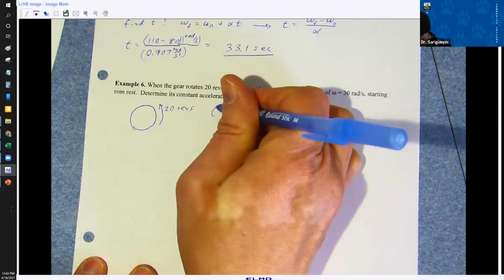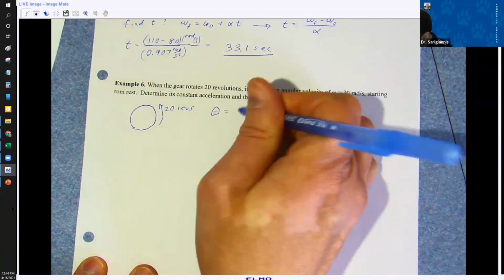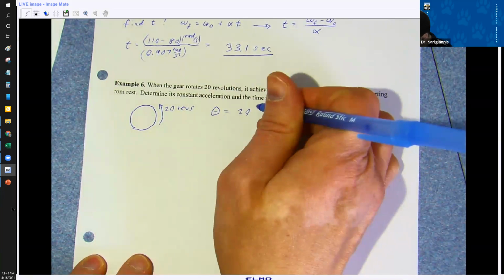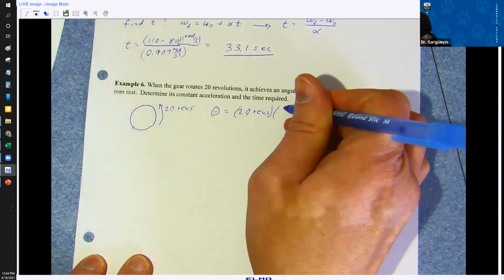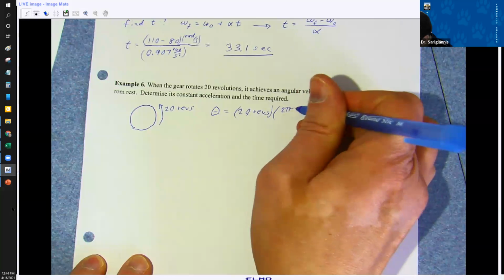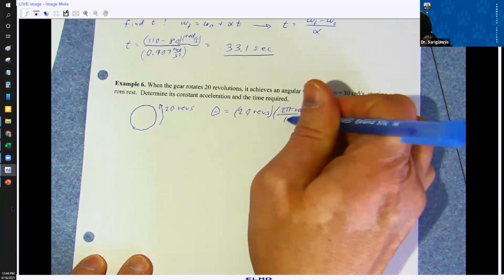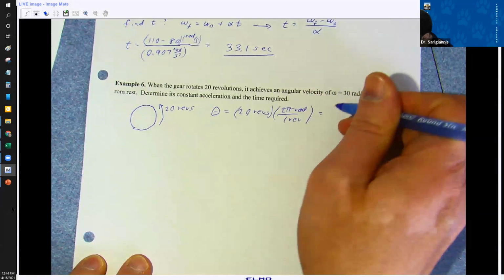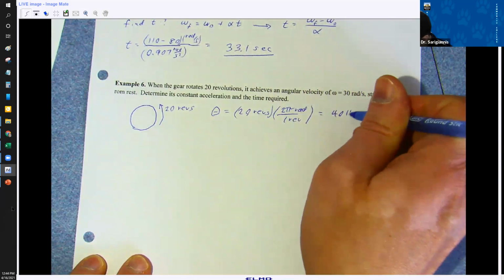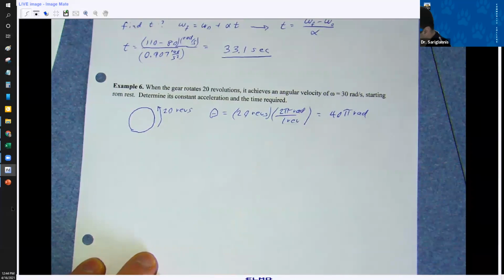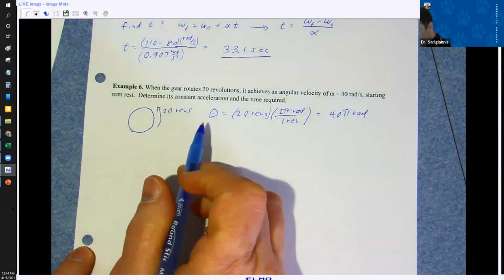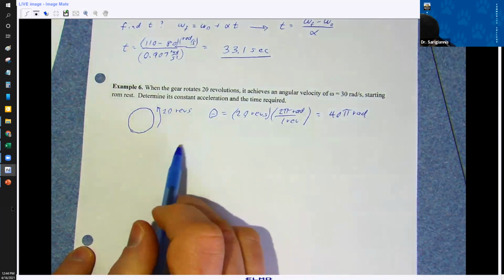So let's first put the displacement down. Theta is 20 revs, which is what? 2 pi radians per 1 rev. This gives us 40 pi radians, just so I don't have to deal with a lot of crazy decimal numbers.